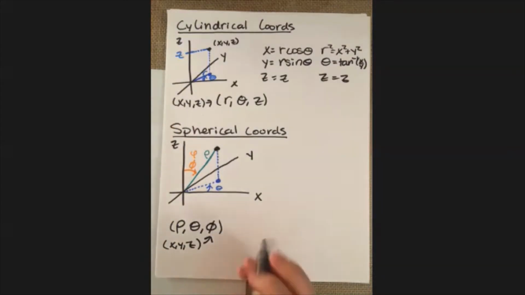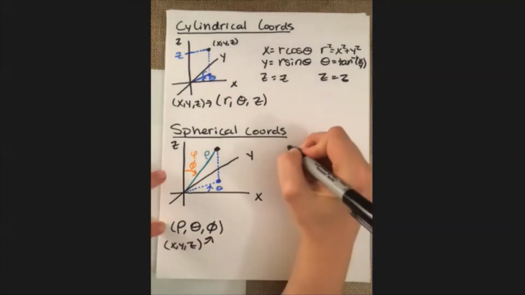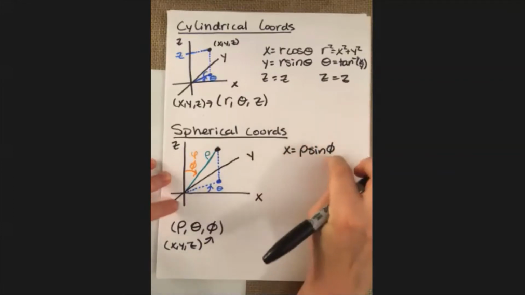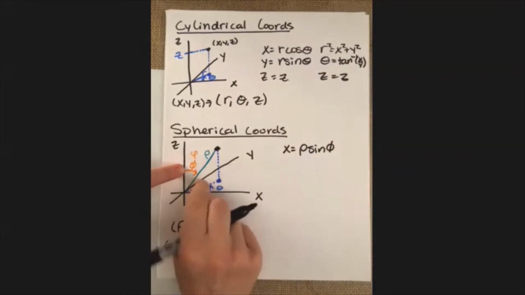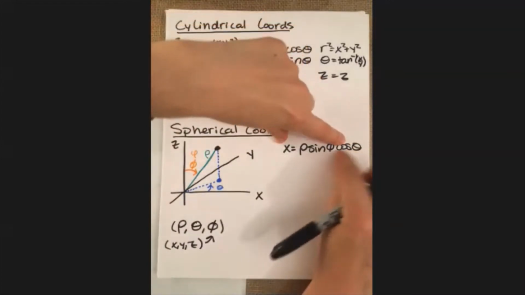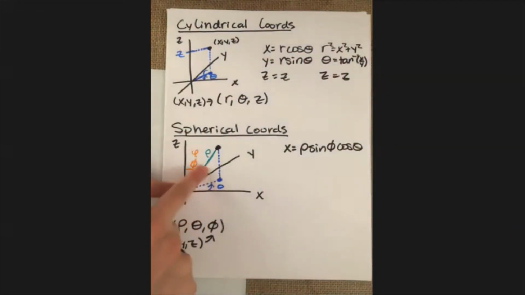And the way that we do this is x is going to be equal to rho sine of phi, where phi is this angle right here, and then times cosine of theta. And the cosine of theta comes from the same place that it did up here, because it's really just this angle down here.